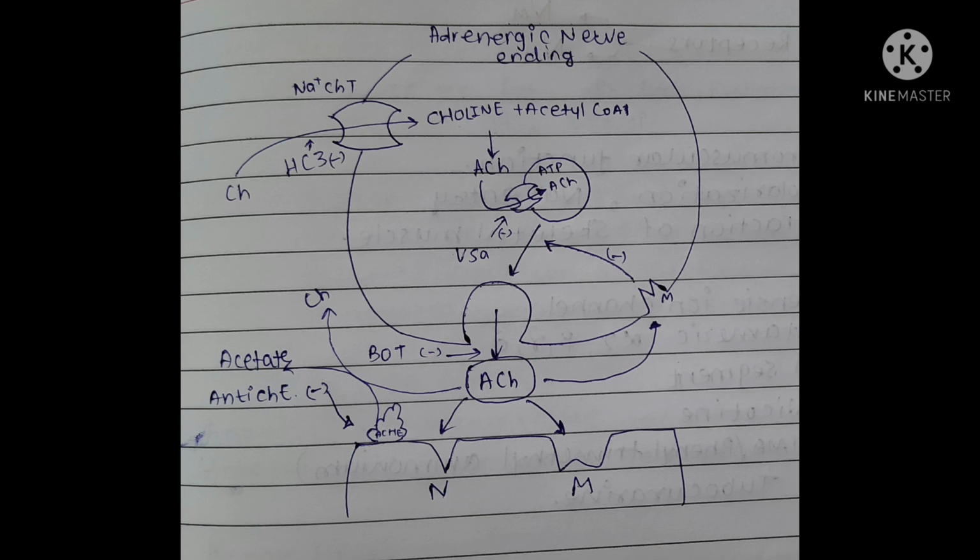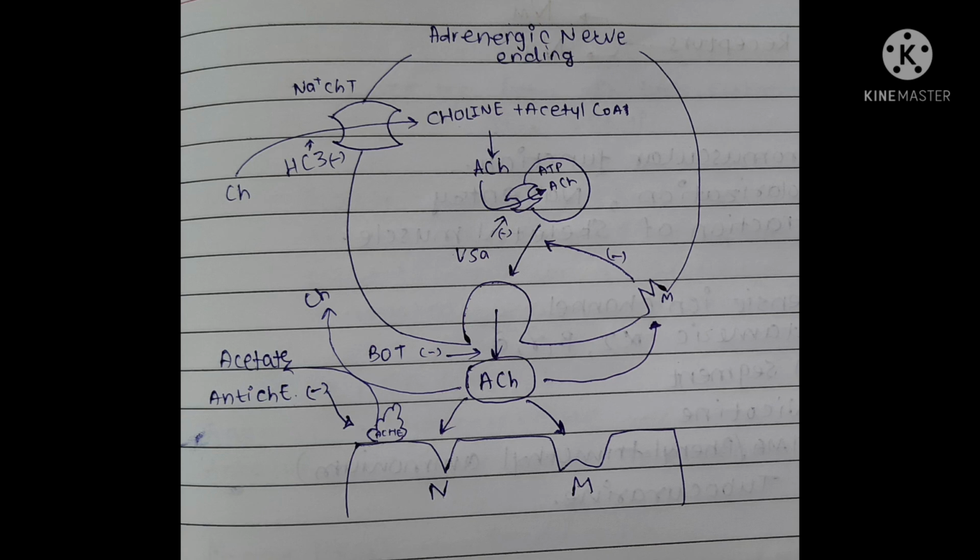Then this released acetylcholine either reacts with the nicotinic receptor or muscarinic receptor and then post-junctional events occur, or this acetylcholine reacts with the pre-junctional membrane receptor and inhibits the release of acetylcholine, or the excess acetylcholine reacts with acetylcholine esterase and is metabolized into acetate and choline.